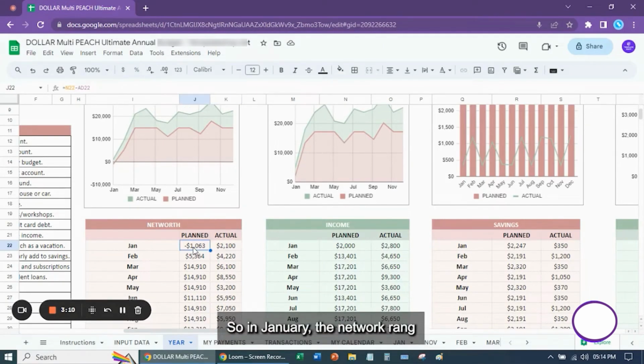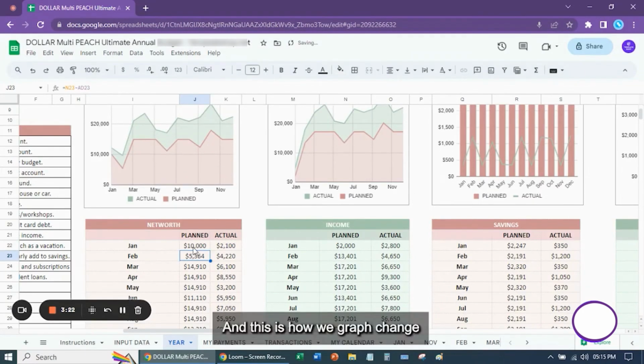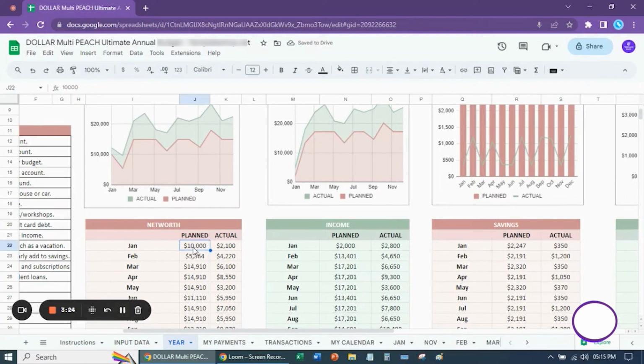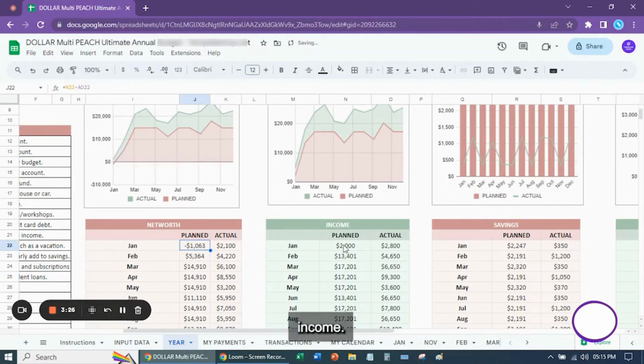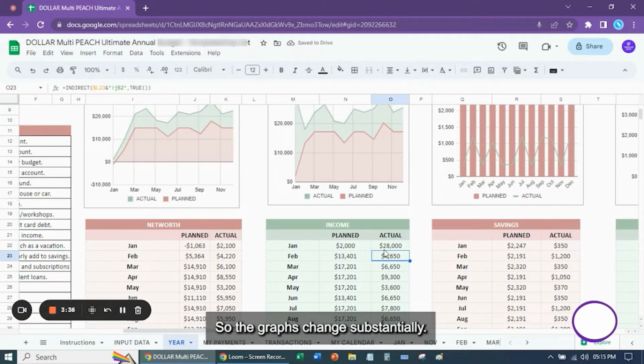So in January, the net worth planned, instead of $1063, I would look at maybe $10,000, and this is how the graph changes. Income, it's $2,800. I would say $28,000. A drastic change, so the graphs change substantially.